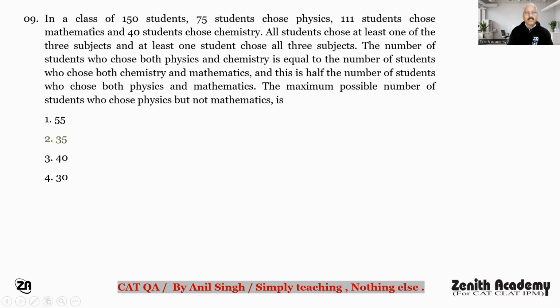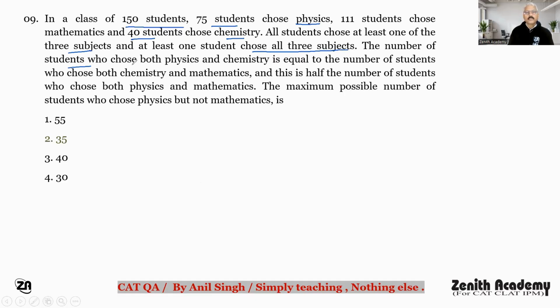Now the next question. In a class of 150 students, 75 students chose physics, 111 students chose mathematics and 40 students chemistry. All students choose at least one of the three subjects, and at least one student chooses all three subjects.